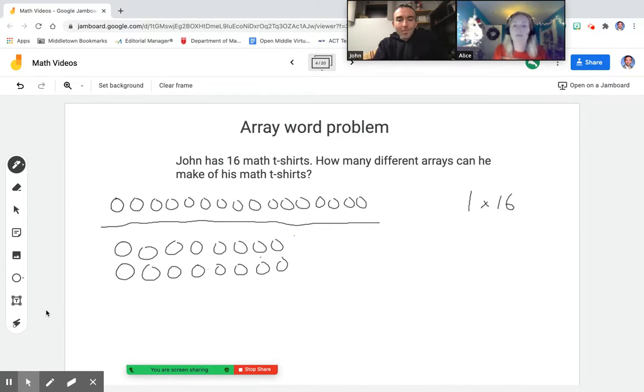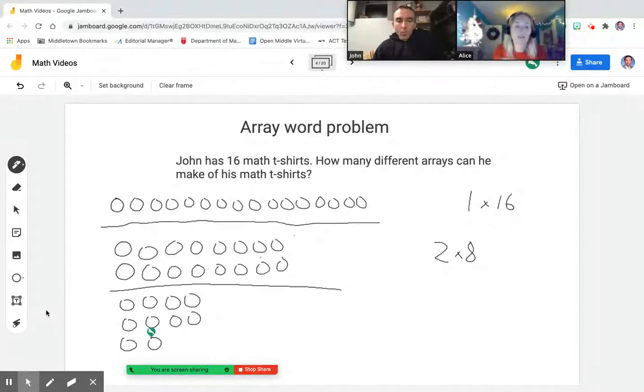Then I'm going to say, okay, does 3 go into 16? And it does not. 1 plus 6 is 7. 7 is not divisible. Does 4 go into 16? It does. So I could make 4 rows of 4 columns, 16. So that's another one.